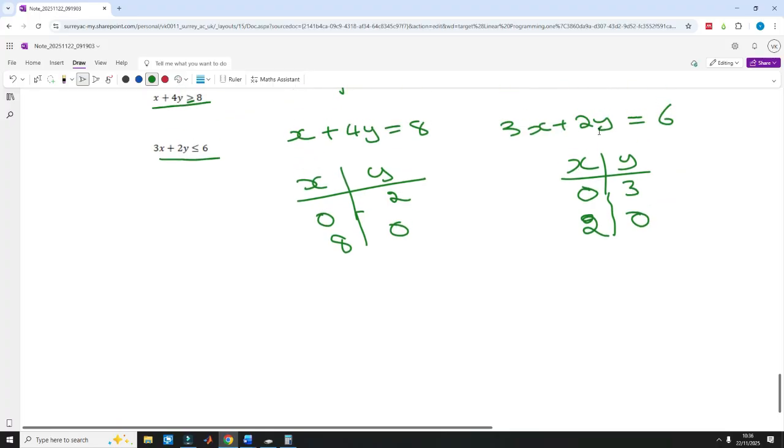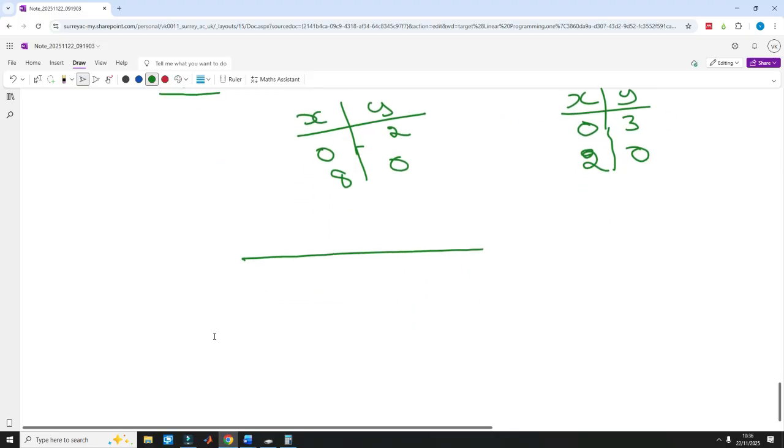So now you have to plot these two equations on a piece of graph paper. Let's plot these.